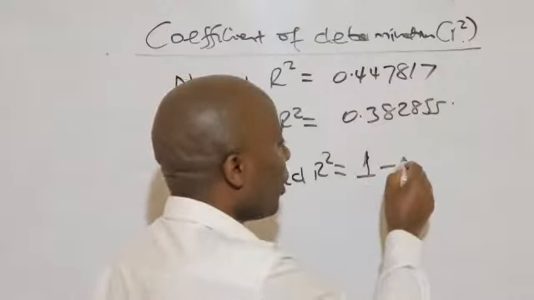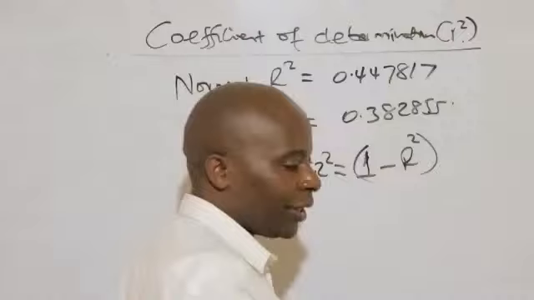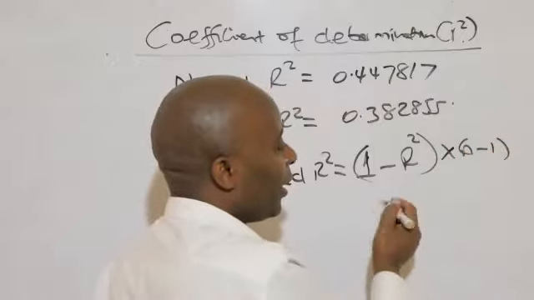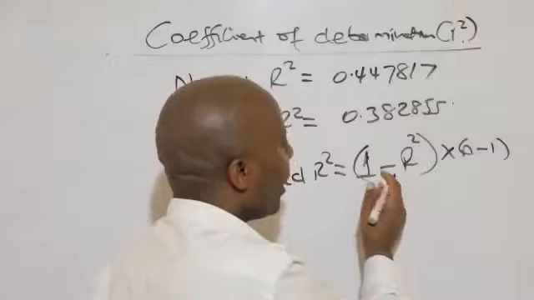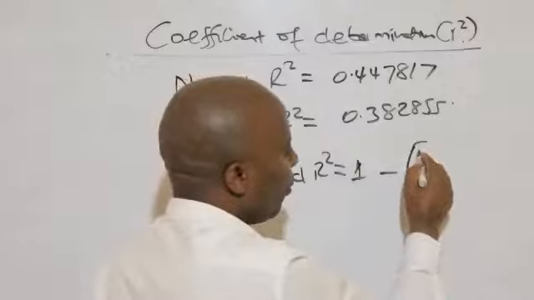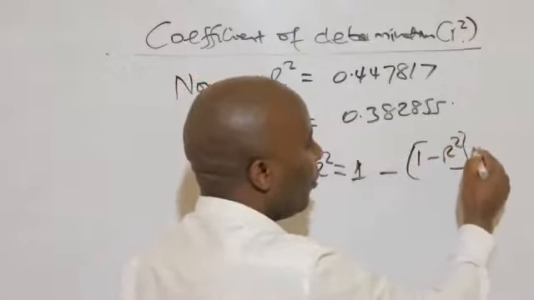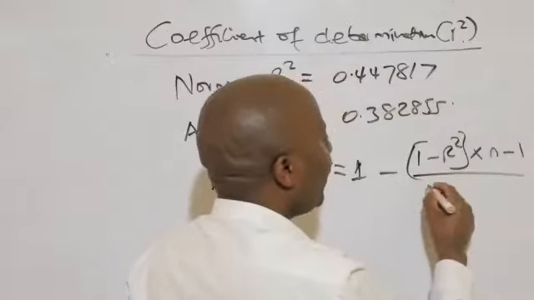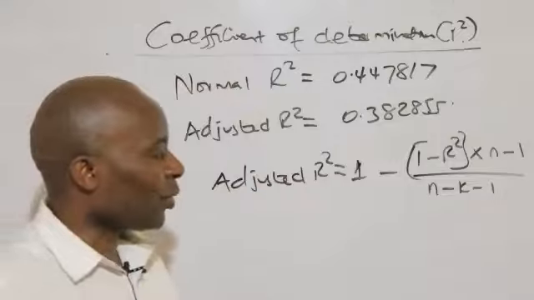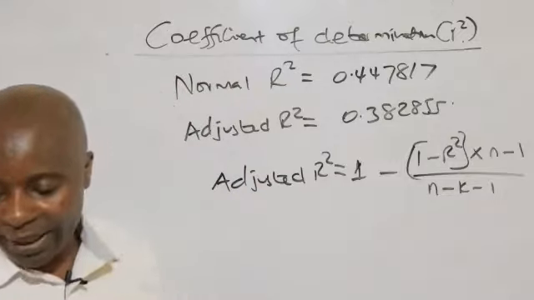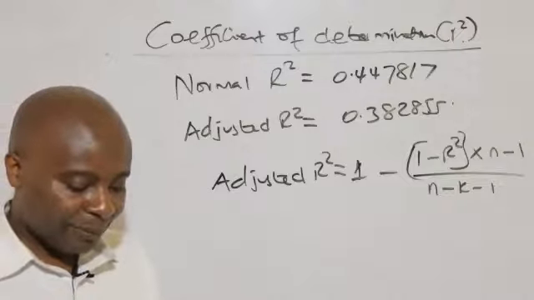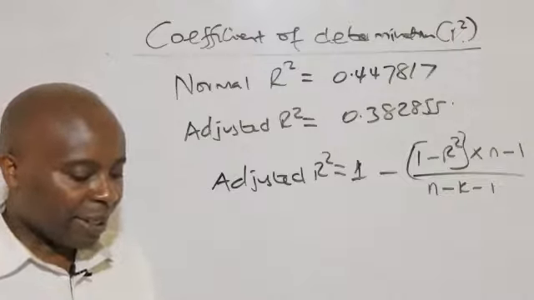I'll come on top with 1 minus the normal R squared, then multiply this with n minus 1. And then we have n minus k minus 1. N minus k minus 1.